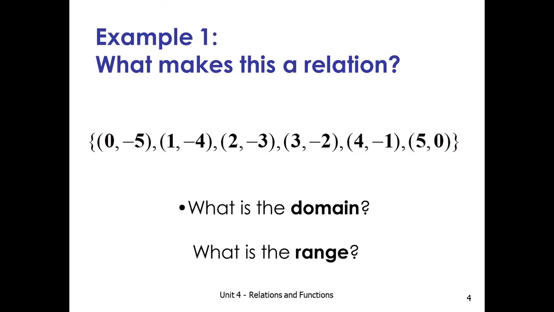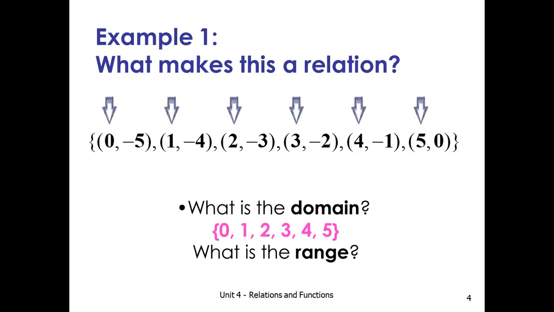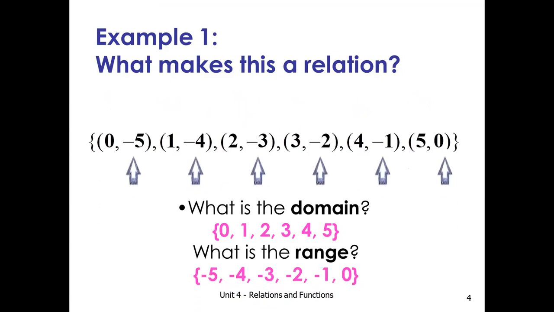So we reveal the answer as 0, 1, 2, 3, 4, and 5. And then the range are the remaining Y coordinates, given as -5, -4, -3, -2, -1, and 0.